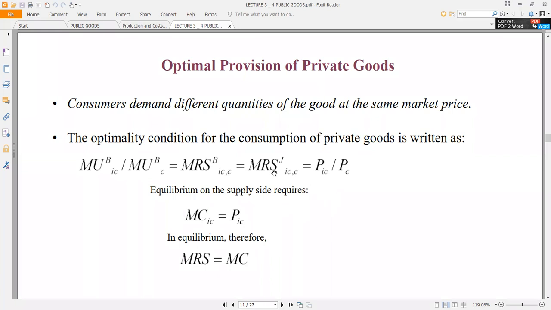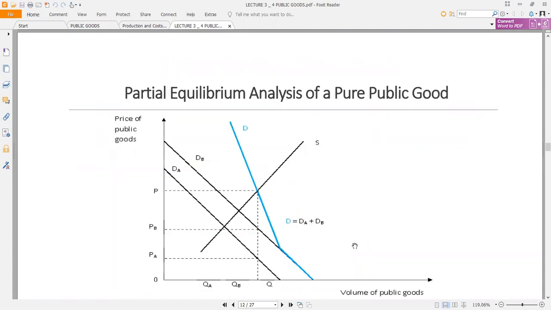So if MRS is equal to price, and marginal cost is equal to price, then we only have an equilibrium for a pure private good when the marginal rate of substitution for that individual is equal to the marginal cost that the firm faces when producing whatever good we are talking about. So this is the condition for a private good. These are things that we already know, that the marginal rate of substitution should be equal to the marginal cost of producing those goods.